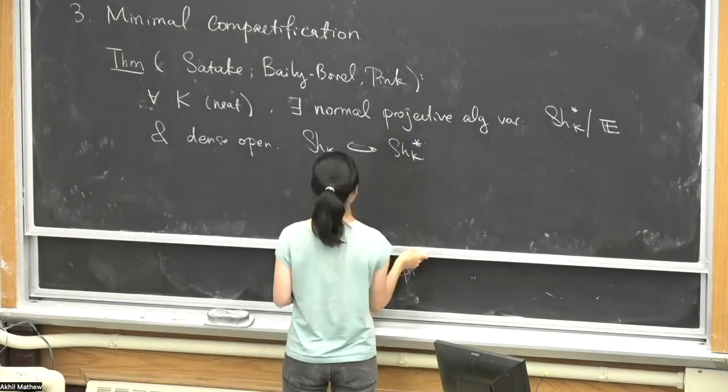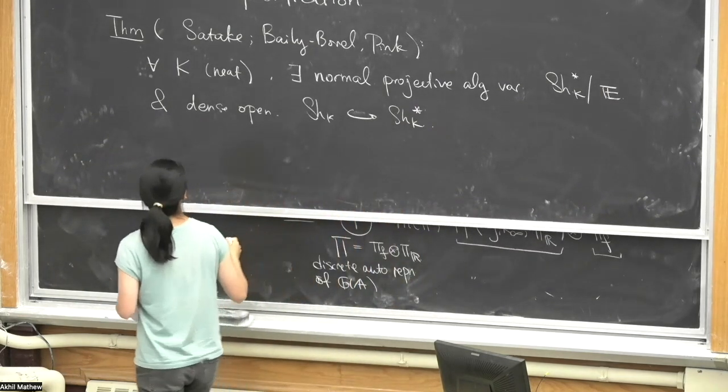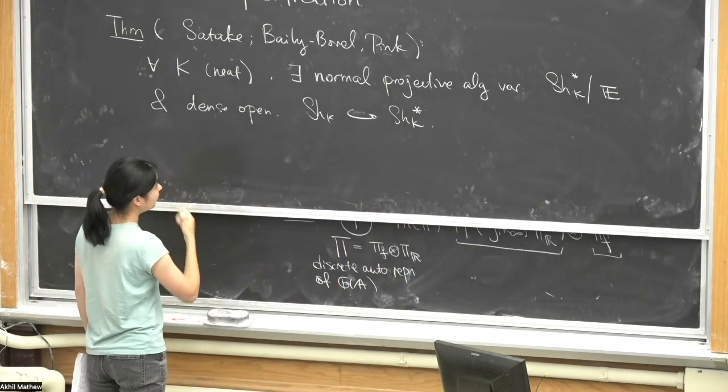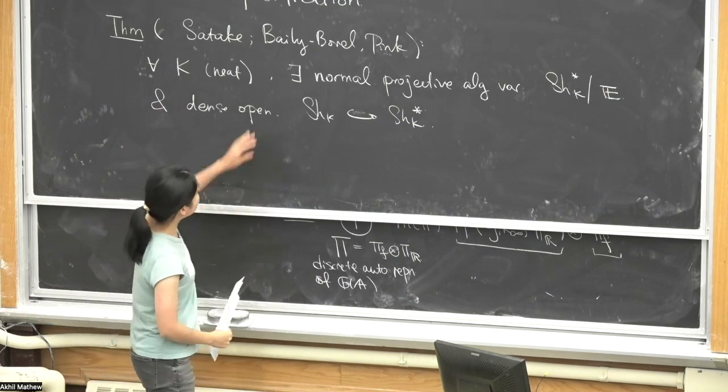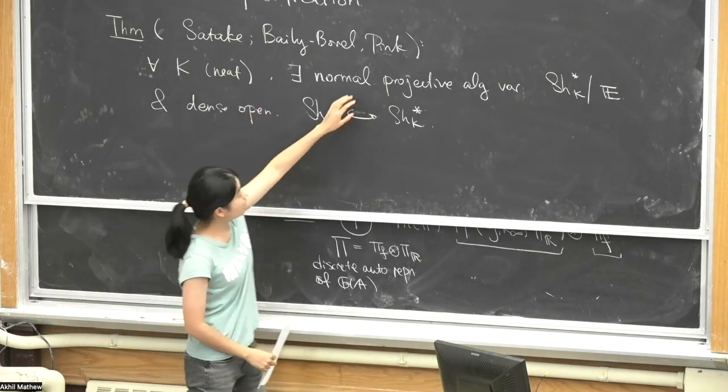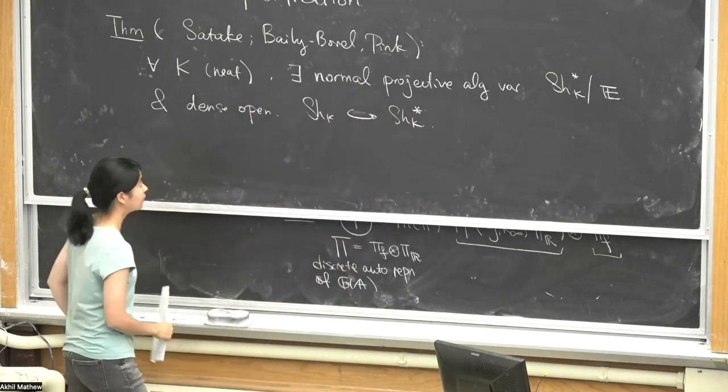And moreover, Satake first did this on the level of topological spaces, Baily-Borel showed that it has an algebraic structure, and Pink showed that it actually has a canonical model.